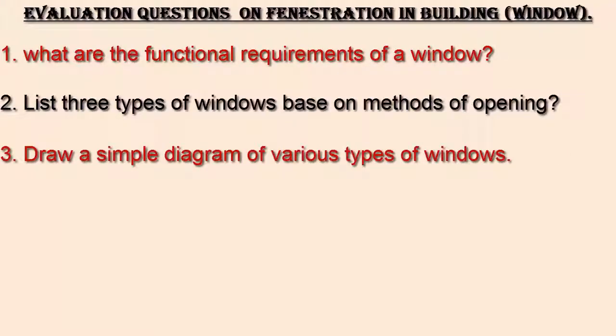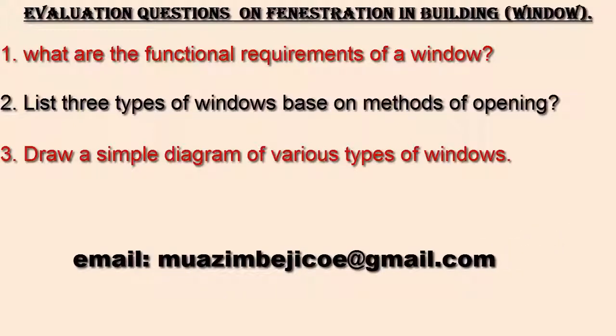The student should be able to draw a simple diagram of various types of window. After answering these questions, the student is expected to send his answer through the email. That is muazzin@gmail.com. I repeat, muazzin@gmail.com.